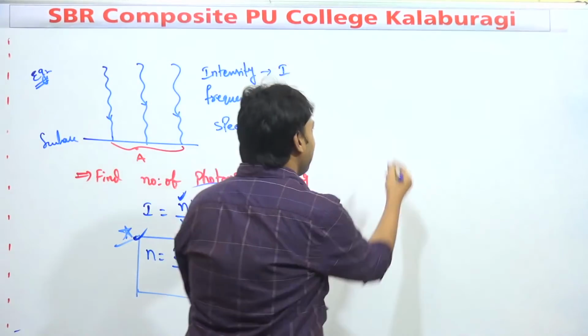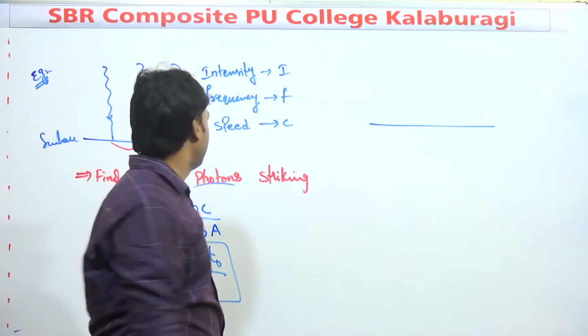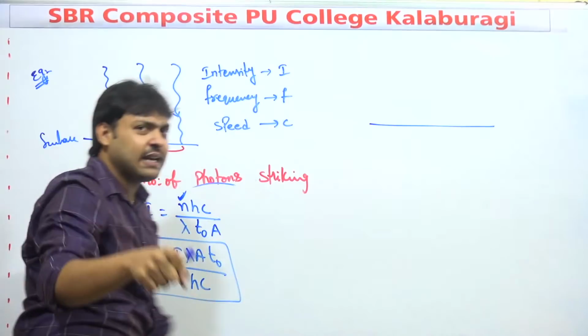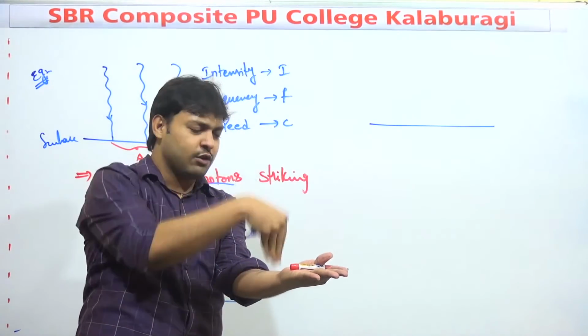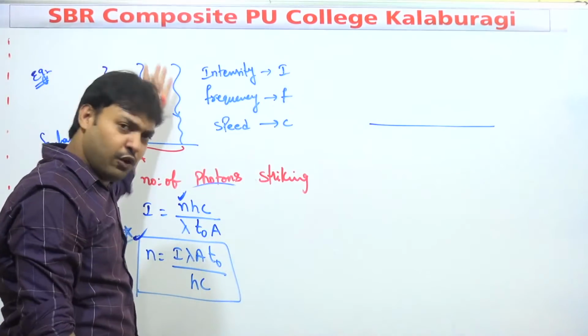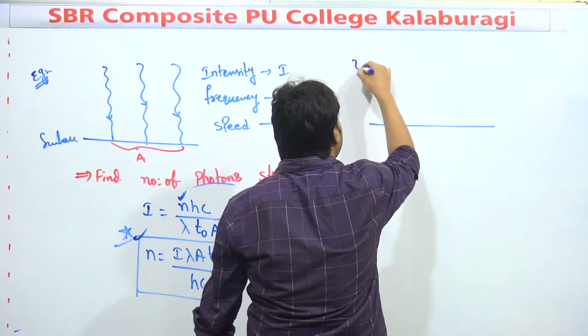So for example, try to calculate this one. Take a minute, pause the video, and try it. Here the waves are striking perpendicular to the area. See, this is the area. Perpendicular to the area, the photons are striking. Now, for example, they make some angle.